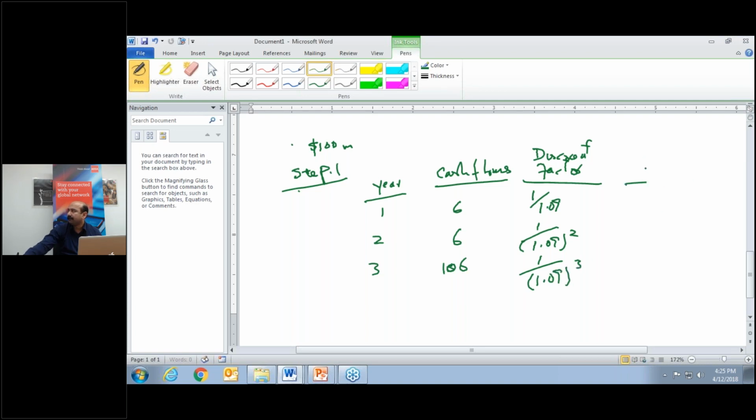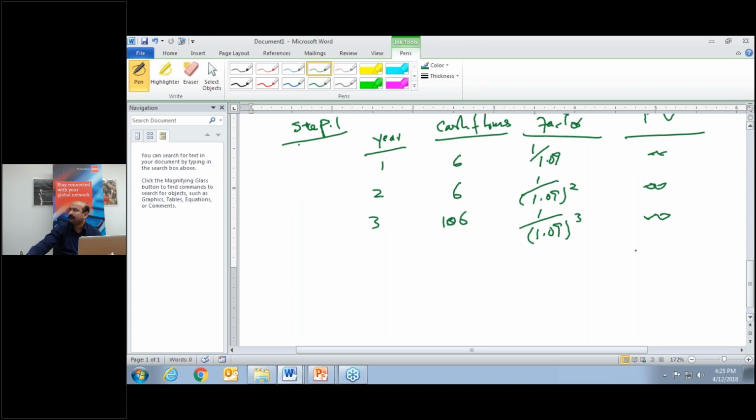This will give us the present value of each year. I am not going to mention it over here because this is quite straightforward, because we shall be multiplying 6 with this, 6 with this, and 106 with this. This will give us some value, but the total will become 92.407.